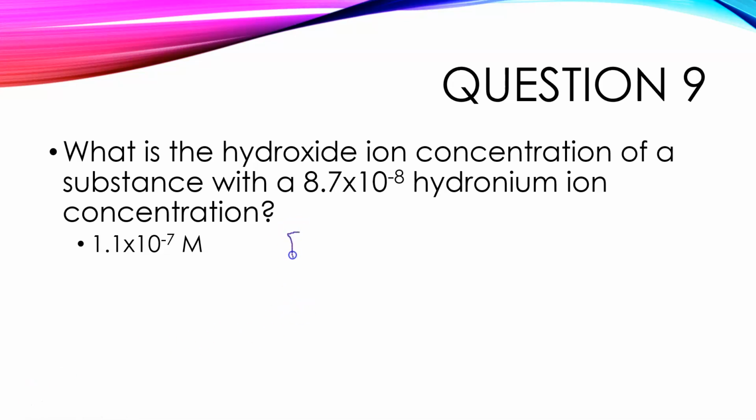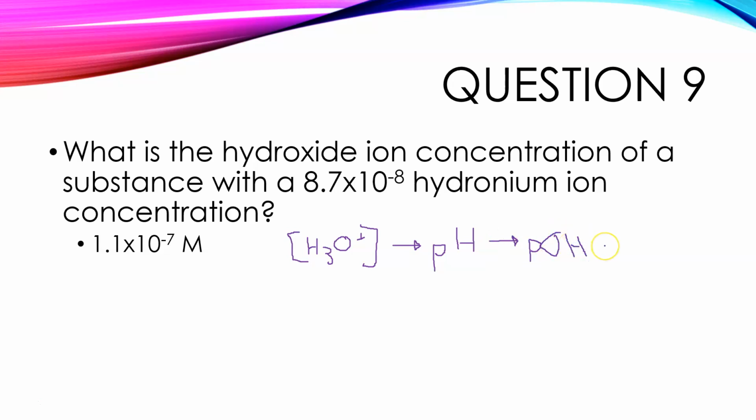So just like we have before, we are starting with a hydronium ion concentration. The only thing we know to convert hydronium to is pH. The only thing we're able to convert pH to is hydronium or pOH. We obviously don't want to go backwards, so we know we need to continue moving forward to pOH.